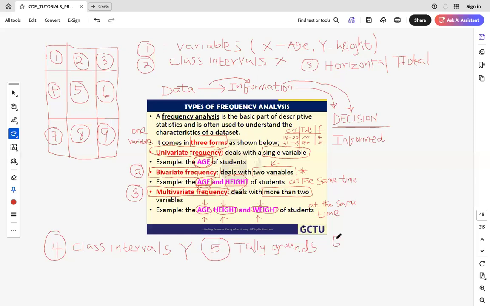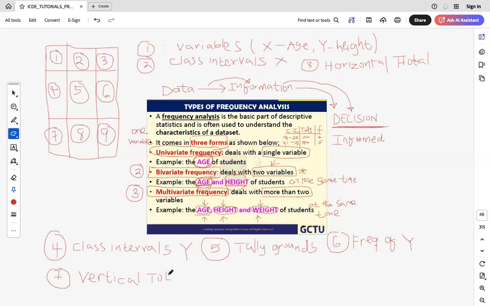Then that takes us to area number 6. Area number 6 will represent the frequencies of the variable Y. Then area number 7 just looks like area number 3, we will label it as the vertical total of the tally.